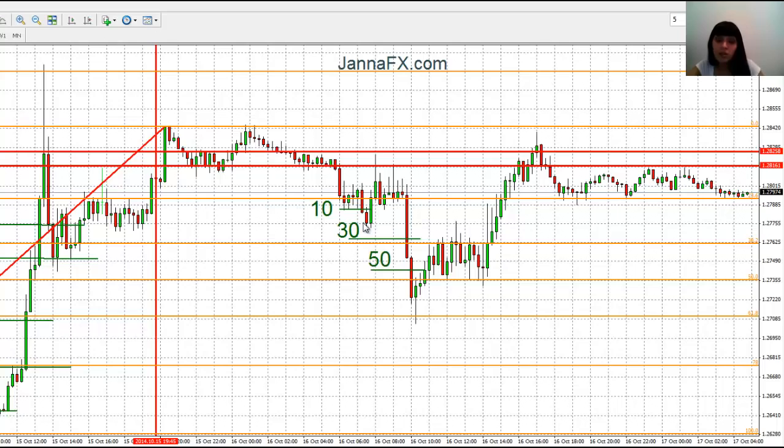But in the other scenario, if I would have been watching the channel, that's how I used to trade, I would have closed a few positions as usual at 10 pips and waited for the market to go to level 38, and I would move my stop loss to 30 pips from the Fibonacci line, and then I would be waiting for the market to move to 50 and move the stop loss.